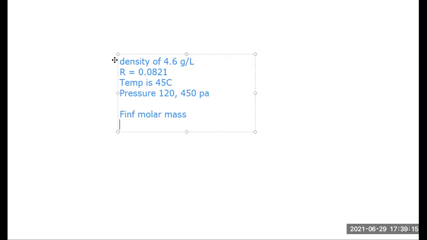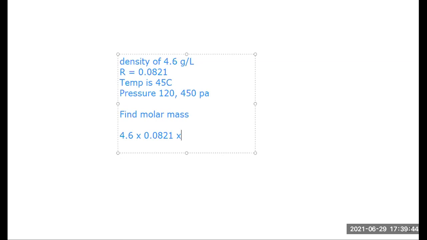We want to find molar mass. And it would help if I spelled find correctly. All right, so we have density 4.6 times 0.0821, but I need to convert my T value.